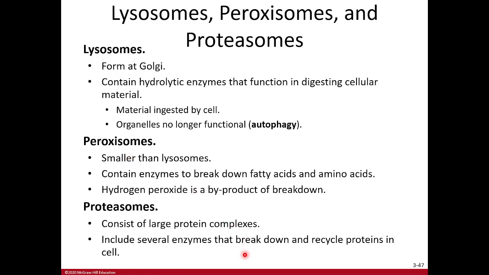Peroxisomes will be smaller than lysosomes, and they have enzymes like peroxidase that is going to help to break down the hydrogen peroxide into water and oxygen. Also, the peroxisomes can have the function of breaking down fatty acids and amino acids. Proteasomes are large protein complexes that help to recycle protein components when the proteins have a defect.